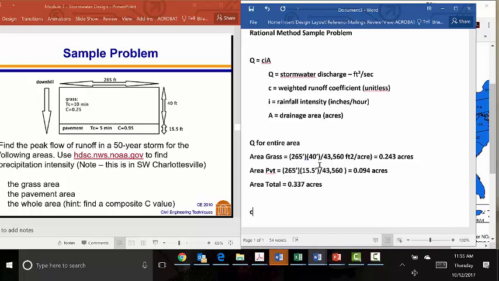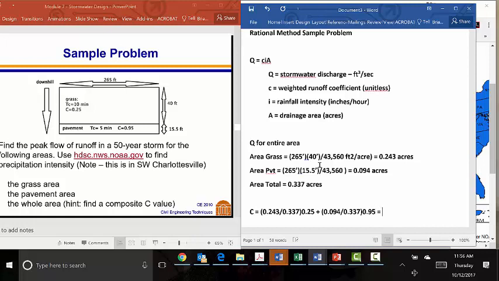Now with that, we can next look at what is my weighted runoff coefficient. So my C will be equal to the area of the grass, which is 0.243, divided by my total area, 0.337, times the coefficient for the grass, which is 0.25. And that will be added to the weighting of the coefficient for the pavement, which will be again 0.094 divided by 0.337, multiplied by the coefficient for the pavement, which is that high value of 0.95.